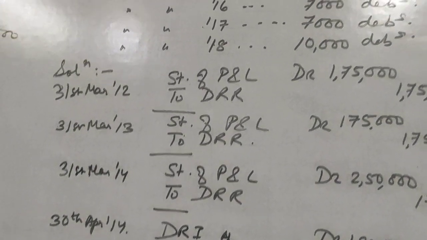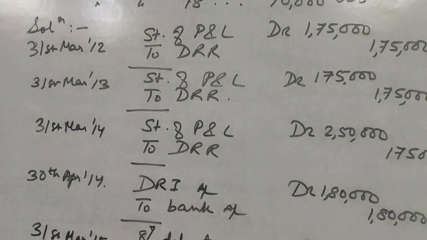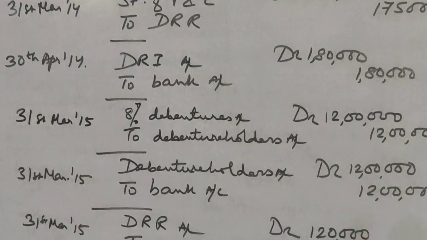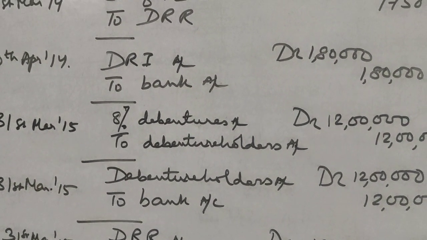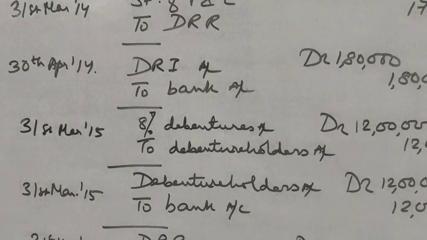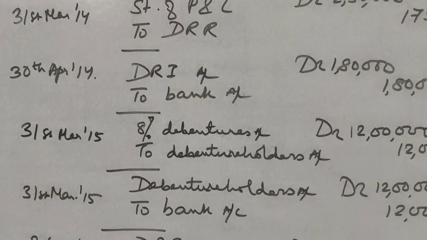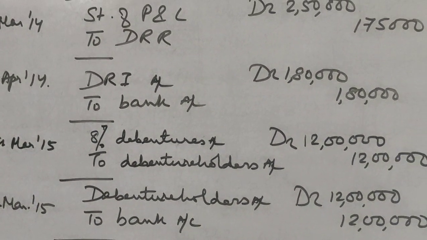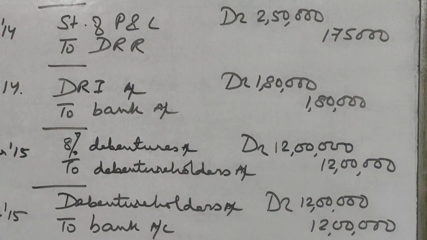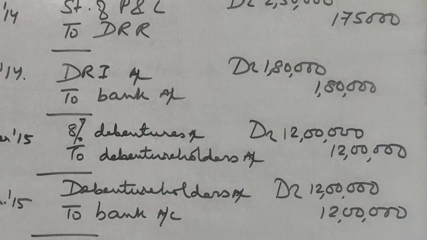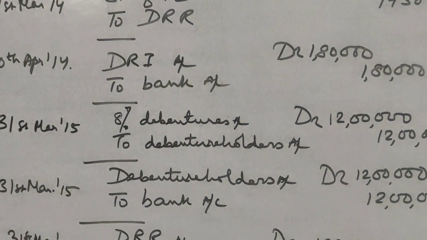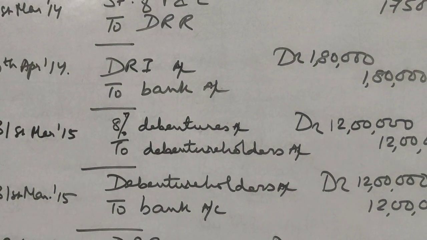So 15% of 12 lakh is equal to 1,80,000. So we are making investment of 1,80,000 on 30th April 2014. Debenture redemption investment account debit 1,80,000 to bank account 1,80,000.